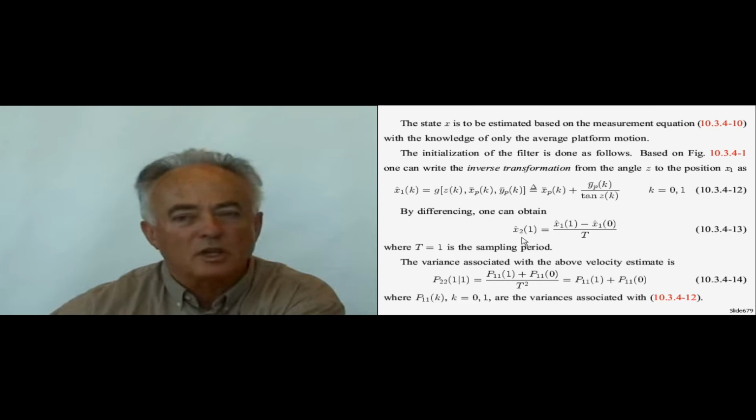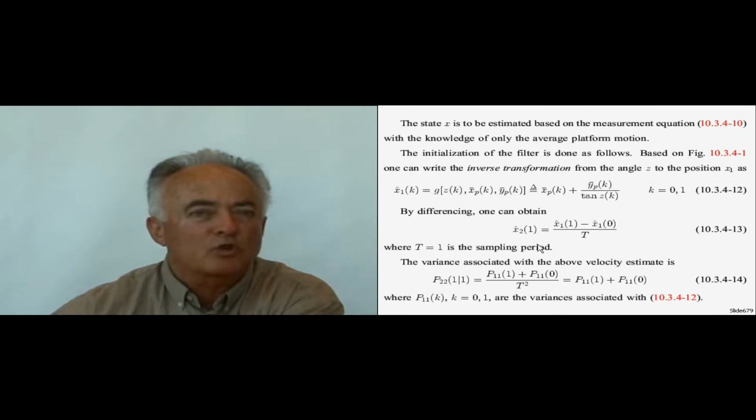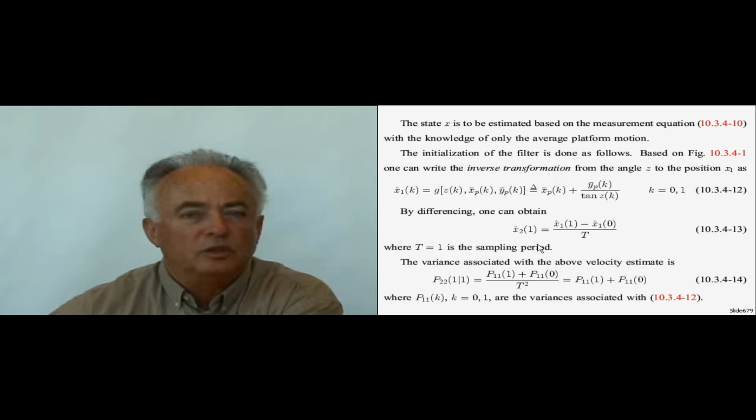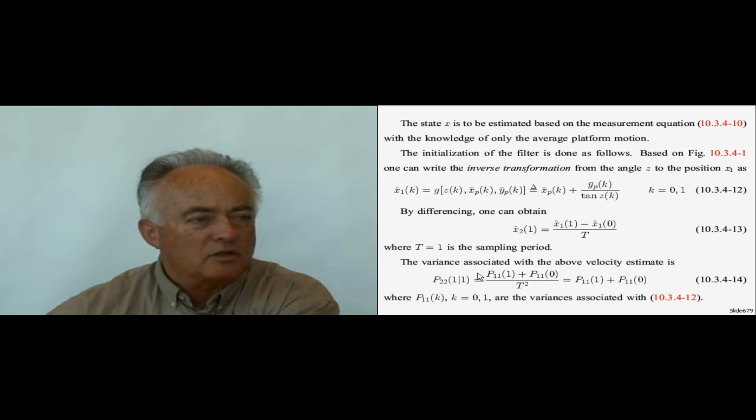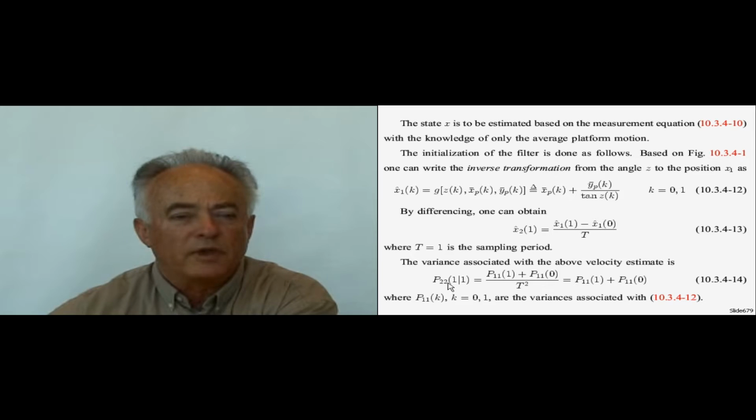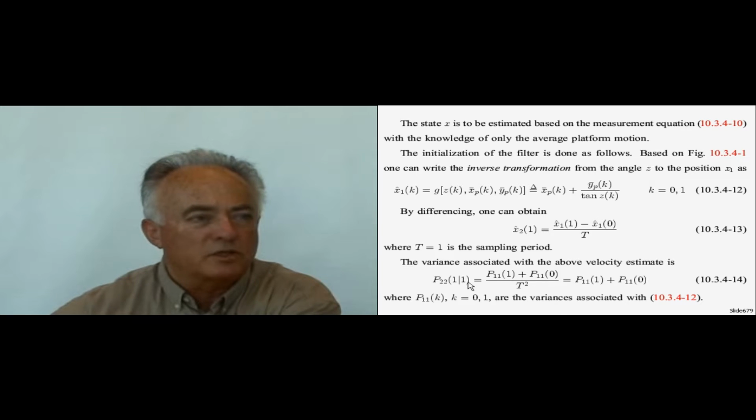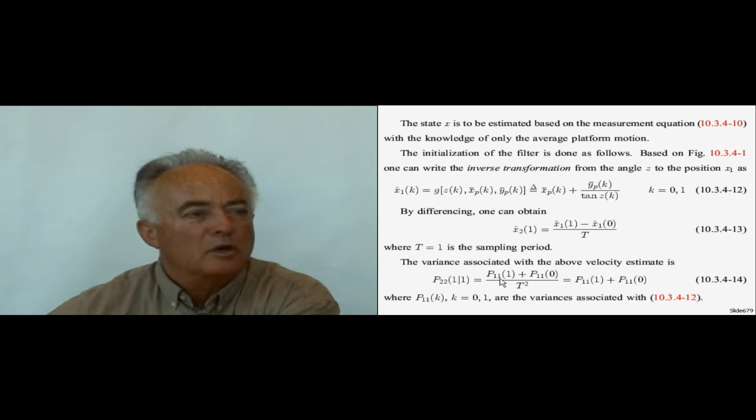Now it's interesting to see what is the impact of the actual numbers for the problem at hand on the accuracy of the velocity estimate obtained by this two-point differencing method. So what is the variance of this velocity estimate? P22, that's the component 2 of the vector, has a variance P22 at time 1, given everything up to time 1, that's the first two measurements, will be, because these two position estimates are independent, just P11 at 1 plus P11 at 0, so the sum of the variances.